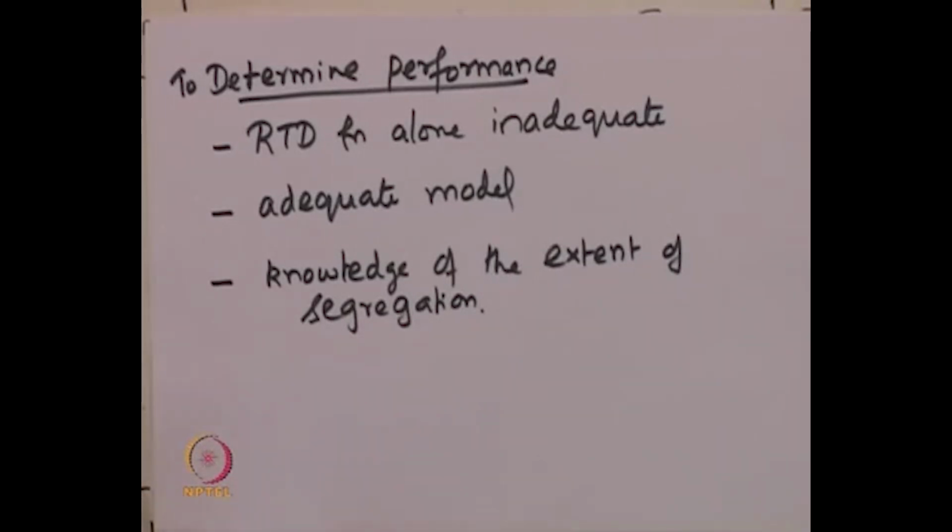That information has to be available in order to estimate the overall performance. So, all this points to the fact that simply knowing the RTD function is insufficient. There is a clear need for an adequate model in addition to the RTD function, and more importantly, the degree or extent of mixing of fluid elements inside the reactor needs to be known, and that is what we will see for the next few lectures.